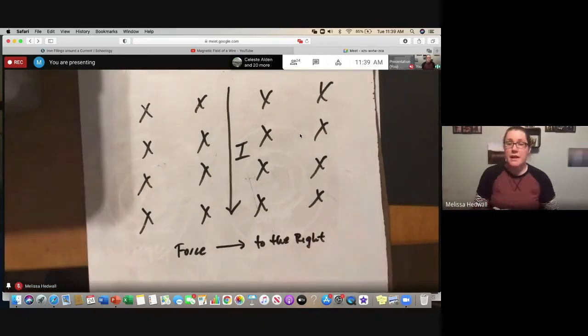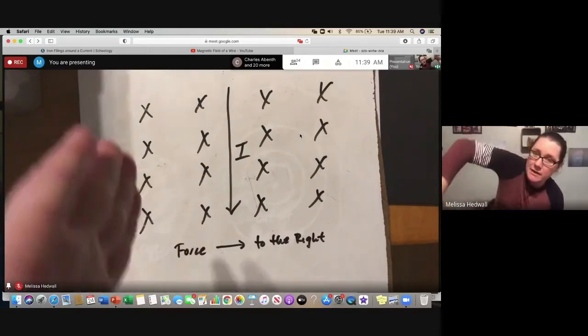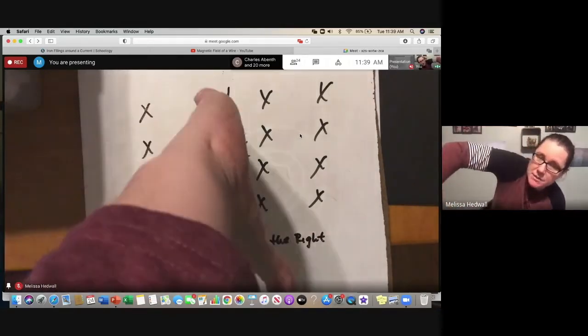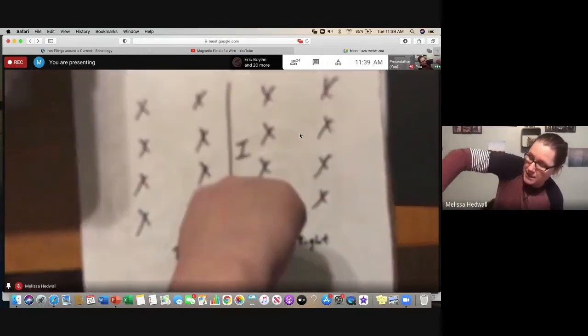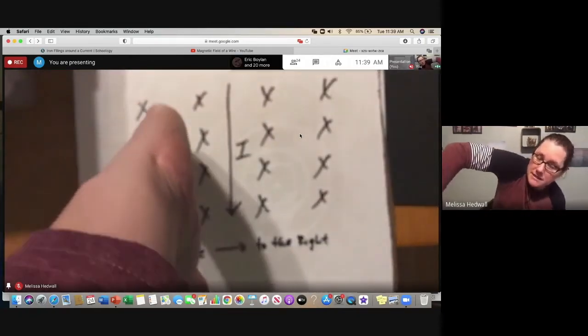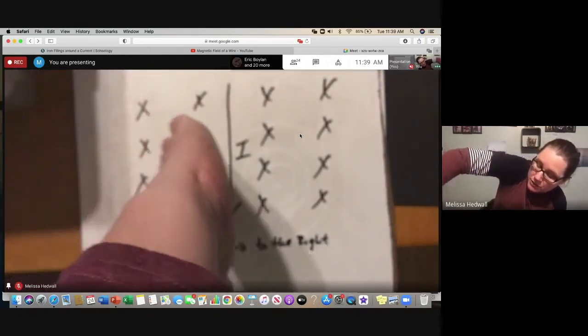I'll show you that again. Because it's X's, your fingers go down into the board. Your current is going down the page like this, and then your force will push over to the right.